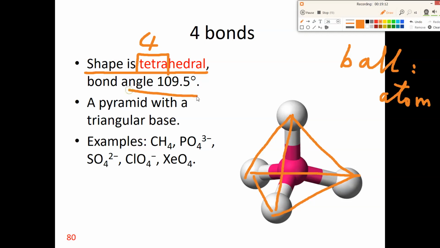So bond angle is the angle between each bond. Any two bonds are 109.5 degrees. It's kind of a pyramid with a triangle base. If you think about the bottom as a triangle, with the top like a pyramid, there's another atom at the center.